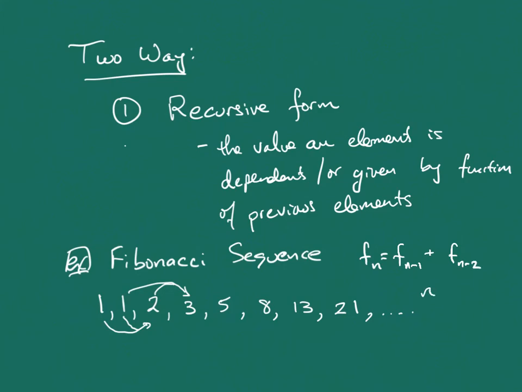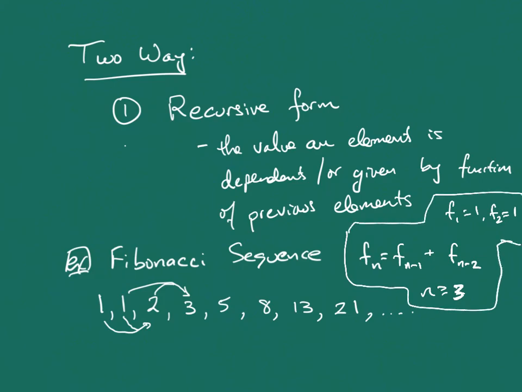And this is going to work for n greater than or equal to 2 or maybe 3, depending on where we actually start. So for n greater than 3, we're saying that our first two elements, f sub 1 is 1, and f sub 2 is 1, so that f sub 3 then becomes the sum of the first two elements, and we can describe our sequence recursively in that way.